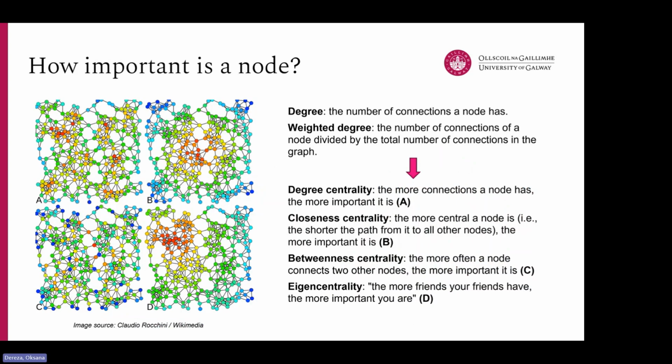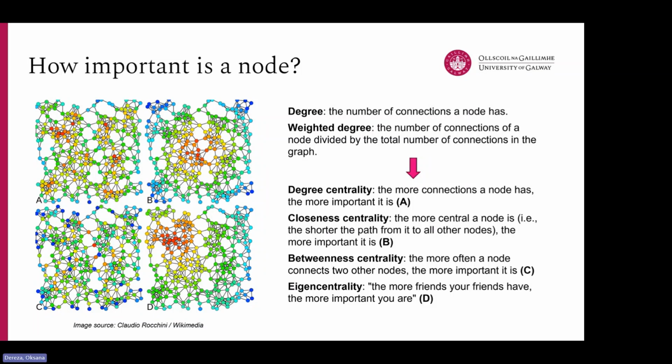Okay. Now, another thing, as I said, it is important to understand communities, and it is important to understand how important a node is. There are various metrics to do that, and a metric is a way to measure something, a standardized way to measure something, right?